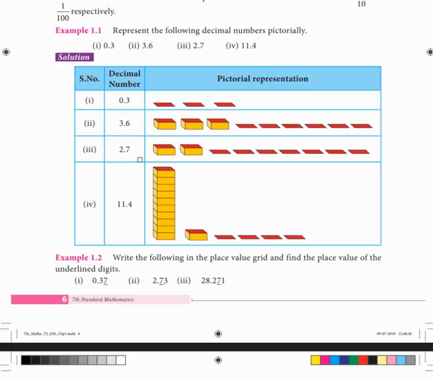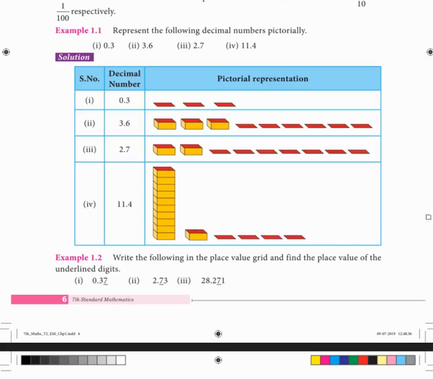Next, 2.7, 2 full boxes. That 0.7 we have to draw like this, 7 boxes. Next, I'll go with 11.4. 11 full boxes are here. For an easy way of counting, we draw 10 boxes, then 1 box separately. Then we can easily count 10 plus 1, 11.4.